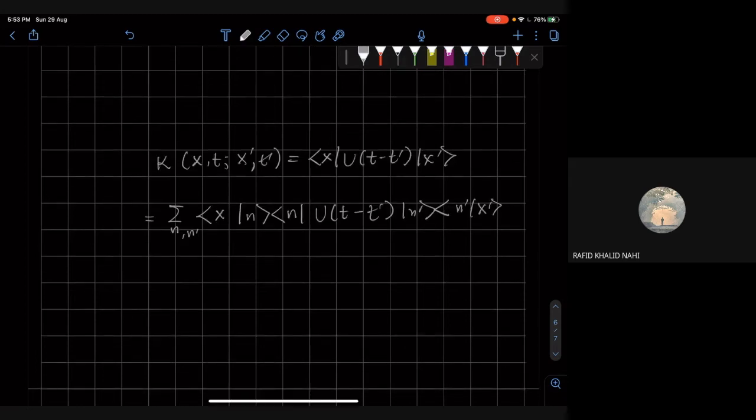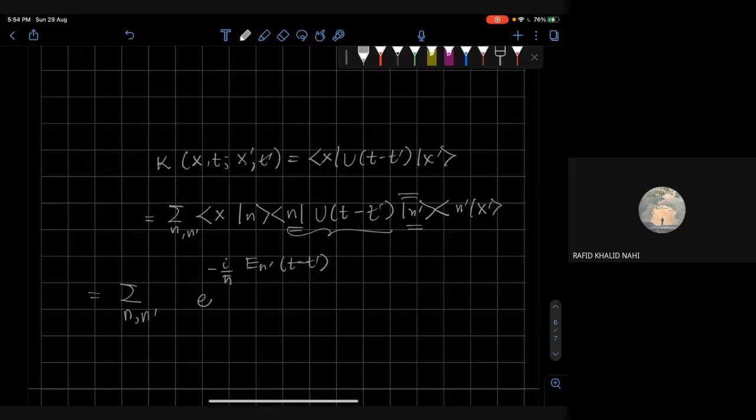This we can write as, because now it's acting on its eigenstates, e to the power minus i over h bar, because the Hamiltonian is acting on its own eigenstate, E n prime times (t minus t prime).